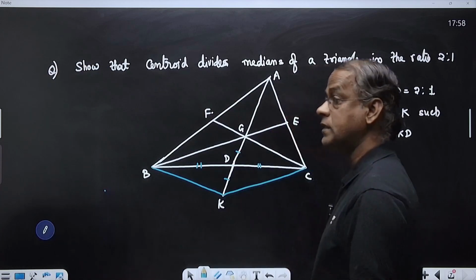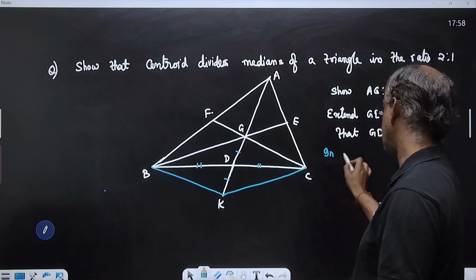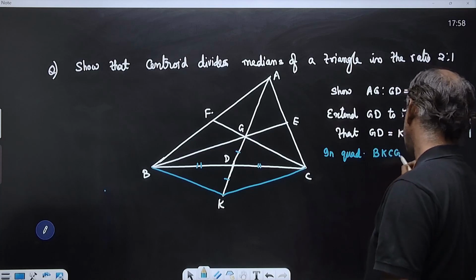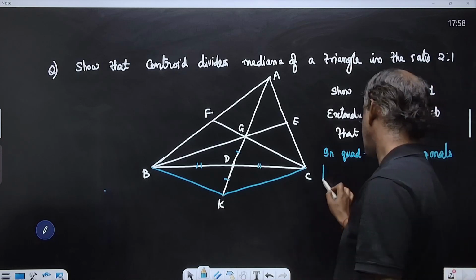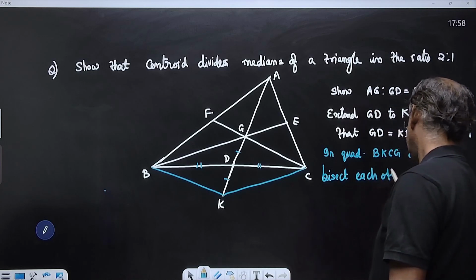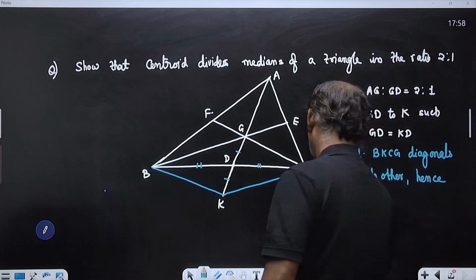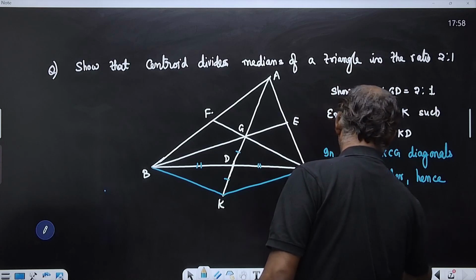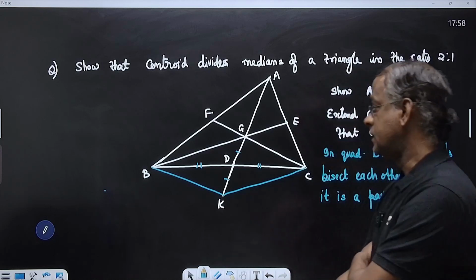In quadrilateral BKCG, diagonals bisect each other. Hence, it is a parallelogram.